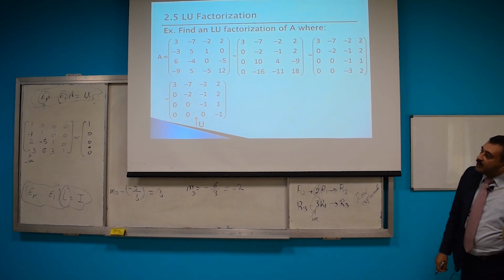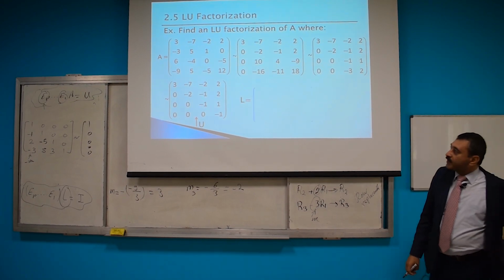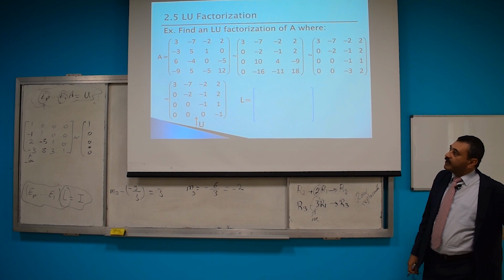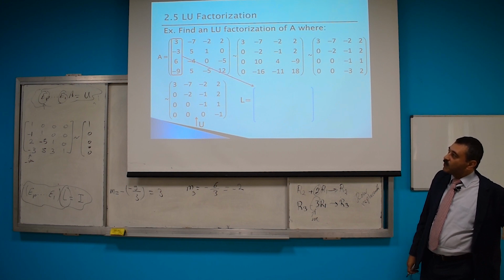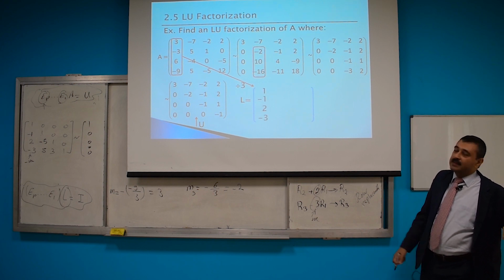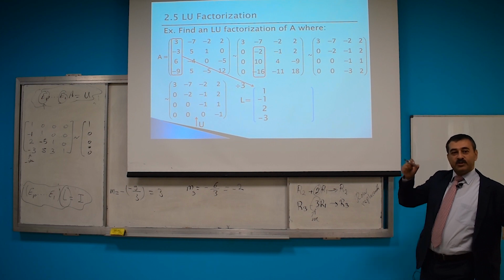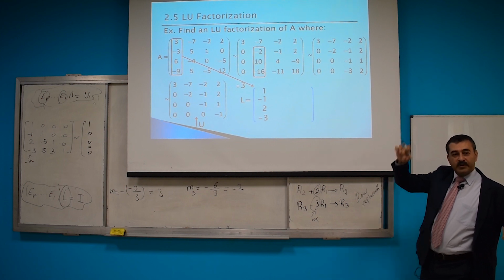So as we agreed, this is U and L. Look, we can do it graphically directly: you take the first column and divide by its pivot, which is 3, and then take the second column, but not the whole column, starting from the pivot.